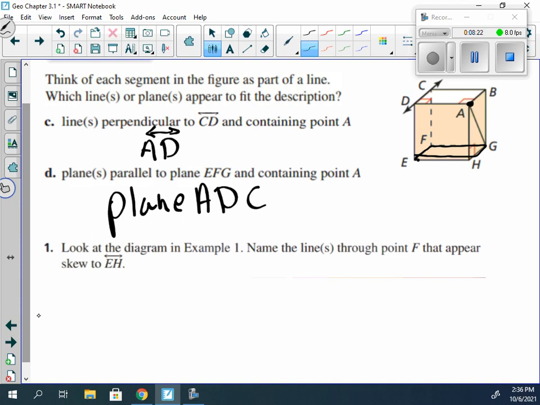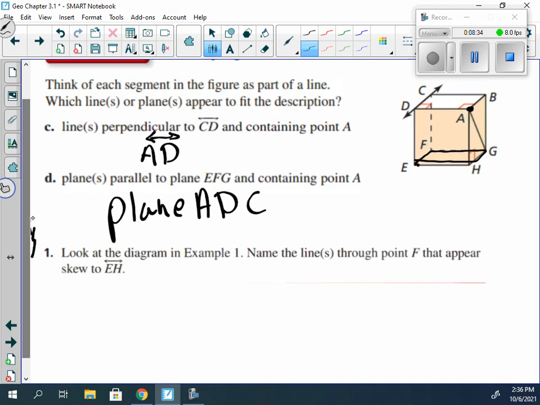So the last one that we'll look at on this page is name the line or lines through point F that appear to skew to EH. CF. Because EH is right here. Point F is back here, so the only line that would skew to it would be going up and down.